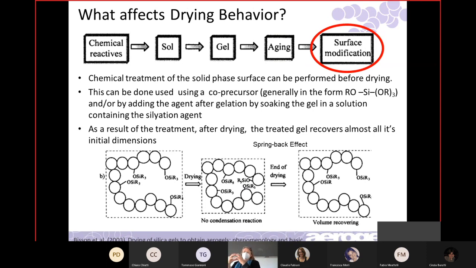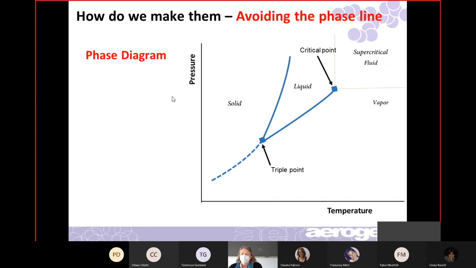So here it is originally, here I'm drying it. At the end of drying, it's gone back to its original shape. And that's achieved by using surface modification. These are surfactants. You're trying to do something to lower the surface tension on those. Okay, so those are some things that affect the aerogel, the drying.